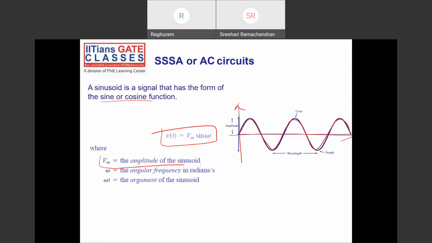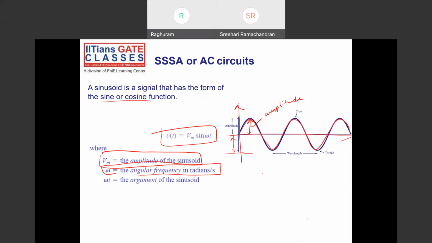So Vm is called the amplitude or the peak of the sinusoid. Vm is nothing but the maximum value, the positive or the negative max, called the amplitude.